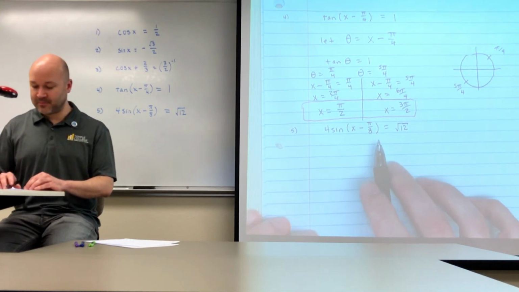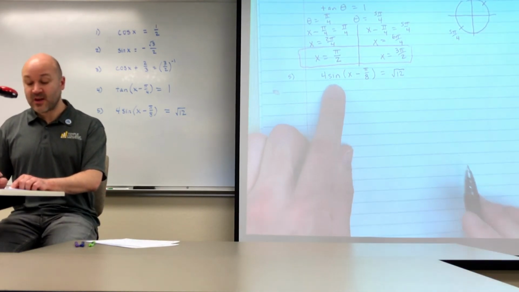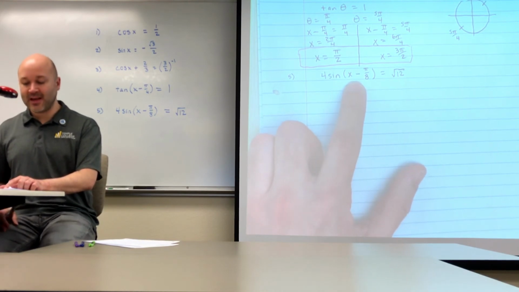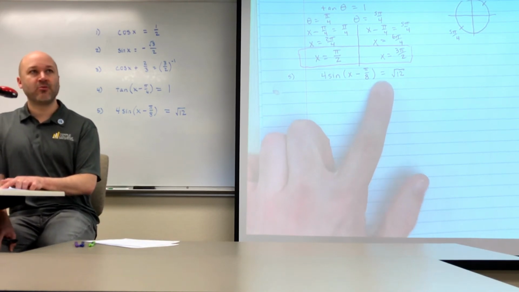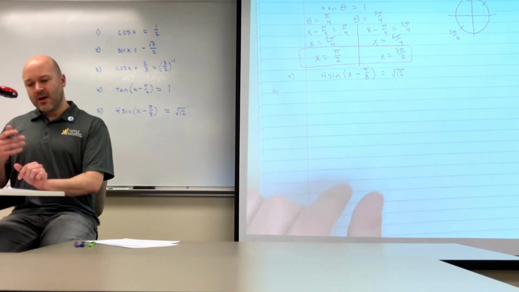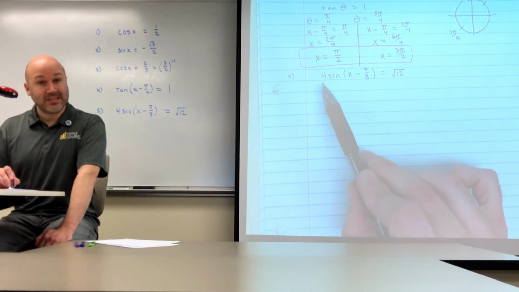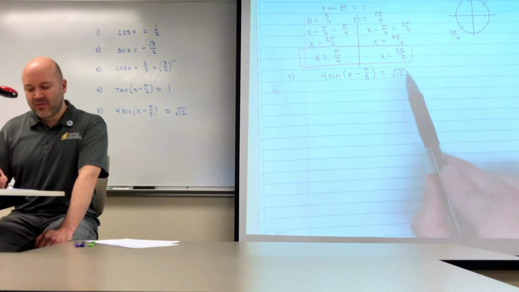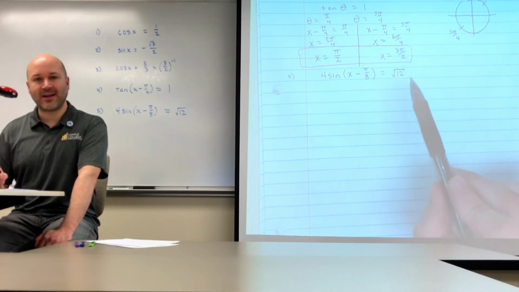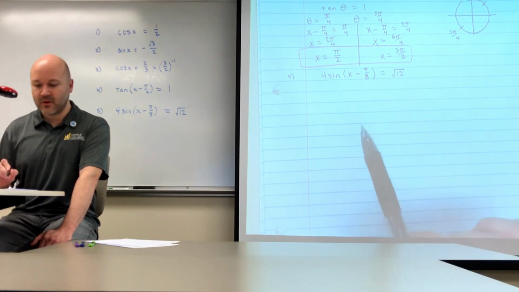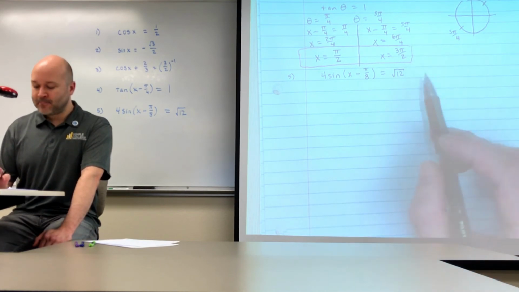All right, my next example. I have 4 sine of x minus pi eighths, and that's equal to the square root of 12. Again, I want to isolate the trig function, so the 4 coefficient needs to be divided off. I think, though, I'll simplify the right-hand side first. I've got the square root of 12. That can simplify.